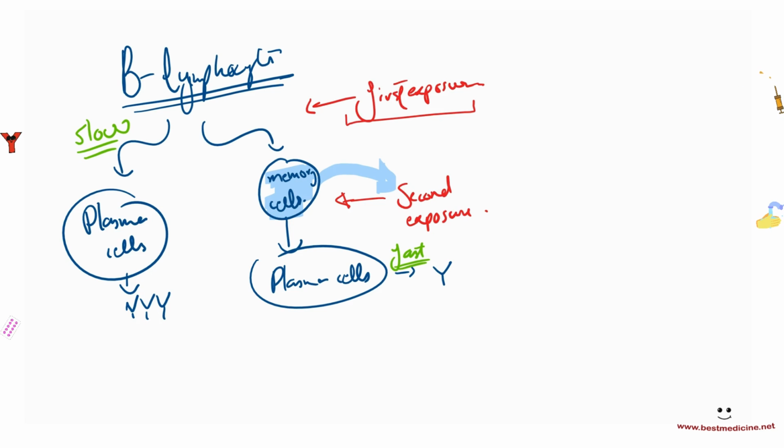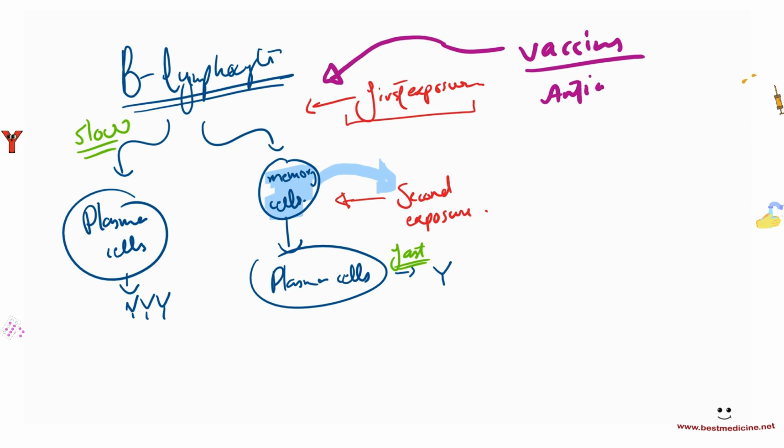Now here's how vaccines come into this. Vaccines provide a pseudo first exposure, a fake first exposure, right? Vaccines contain antigens. They can either contain just antigens, or they can contain weakened or dead pathogens.